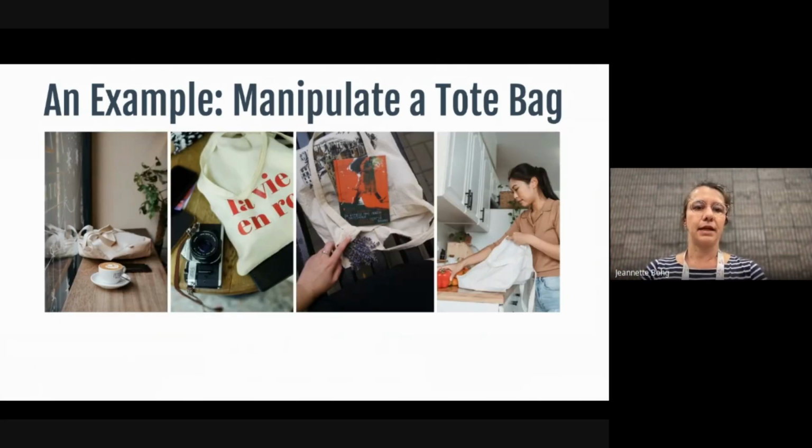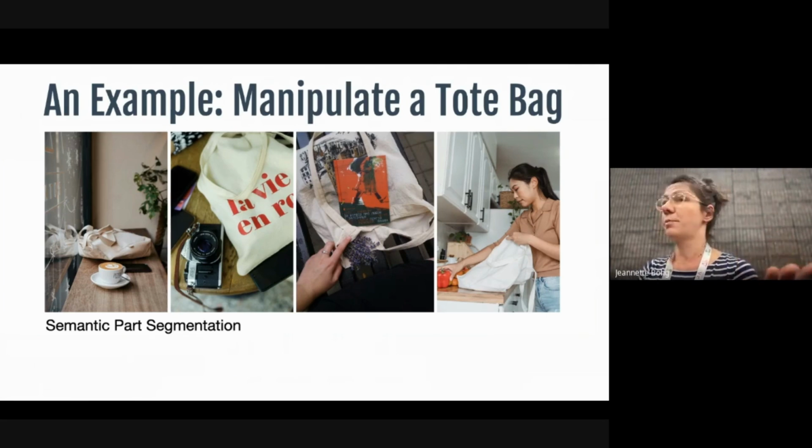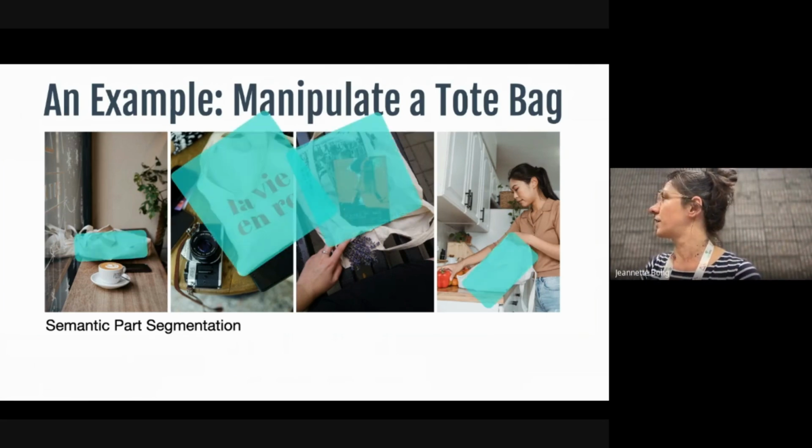And now let's look at other states, configurations in which this tote bag shows up in the real world, right? Here are just a few pictures of how this tote bag looks. And so here, semantic part segmentation is maybe not as straightforward anymore, because if you look at where the body and where the handles appear, they are often overlapping with each other, right? So the handle part is very close to the body.